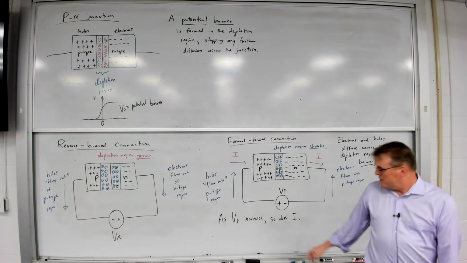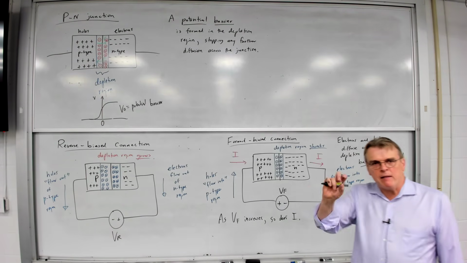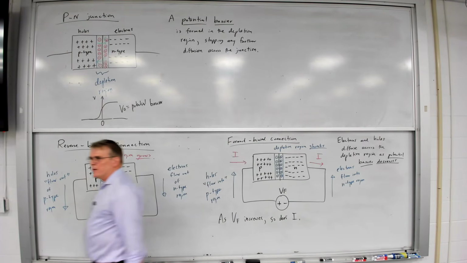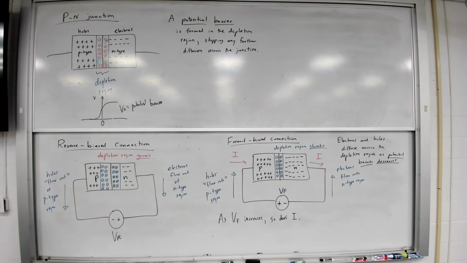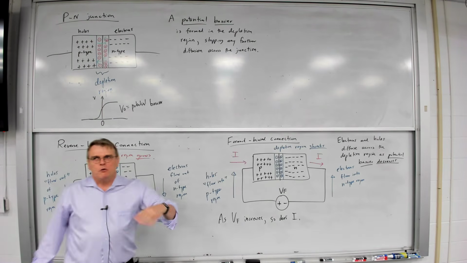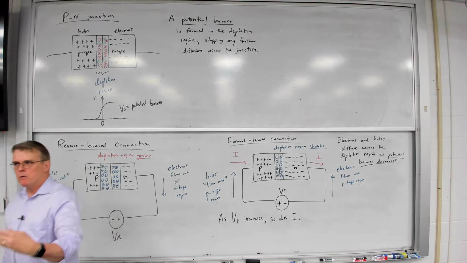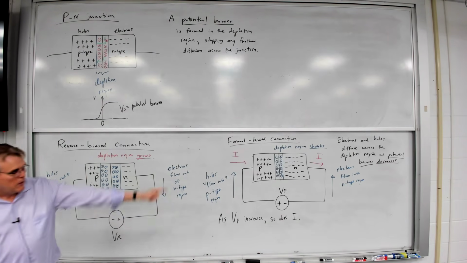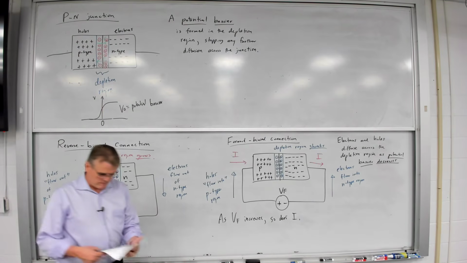What you'll find is you need to take VF and make it large enough to overcome the initial potential barrier that's in that silicon. And typically that means you have to increase VF to about 0.6 to 0.7 volts in silicon, and then you're going to start to see significant current start to flow across that depletion region.